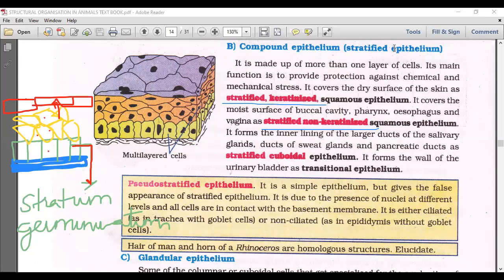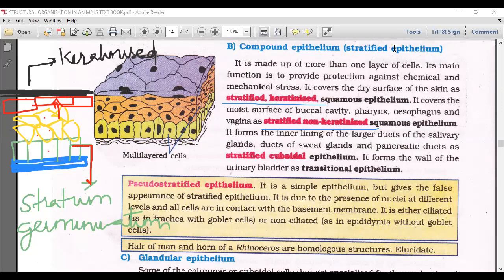What next? These particular rows of cells, when they go up, die on the top. That means due to friction, if they die on the top, we say stratified squamous keratinized. So this is keratinized.